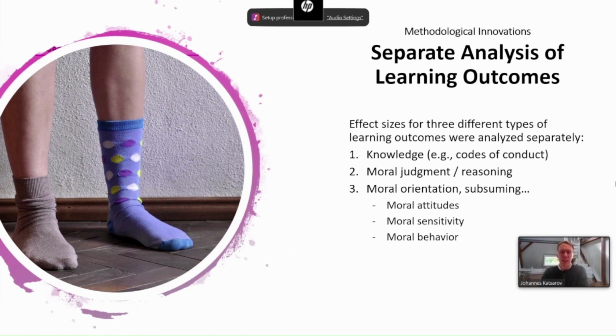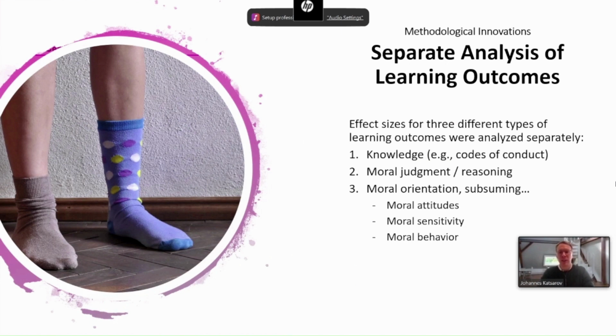Our first methodological innovation was that we separately analyzed different learning outcomes. On the one hand, we looked at what stimulated knowledge about research integrity or responsible conduct of research. Then we looked at what stimulates moral judgment or moral reasoning competence. And then we had to pile three different abilities together due to a lack of data.